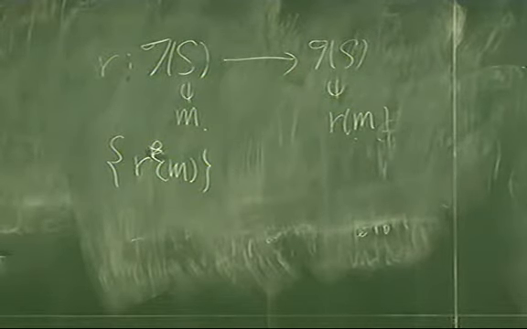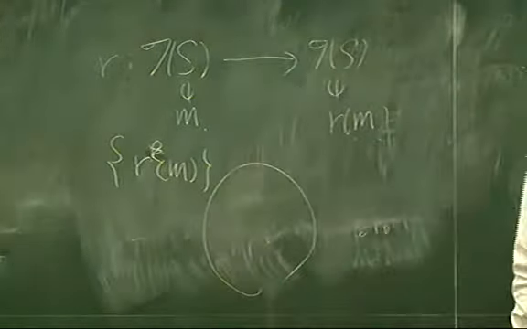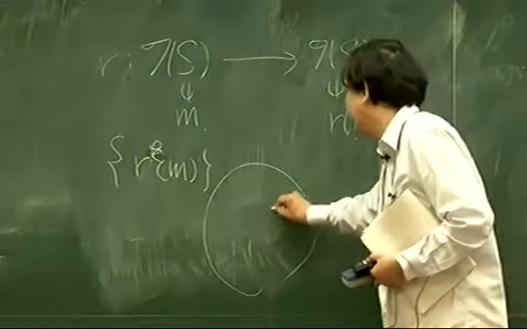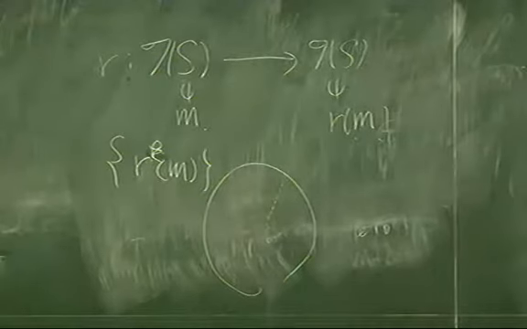But in general, you cannot guarantee that this converges inside the Teichmüller space. So it might diverge. Okay.